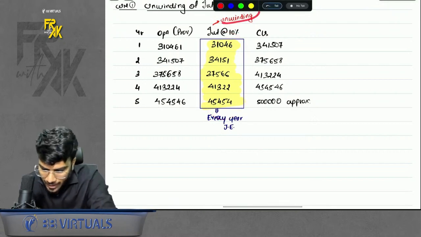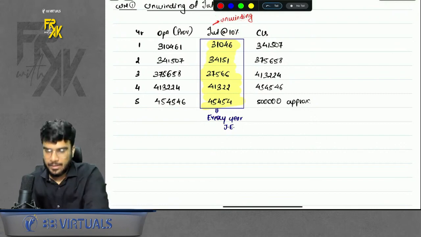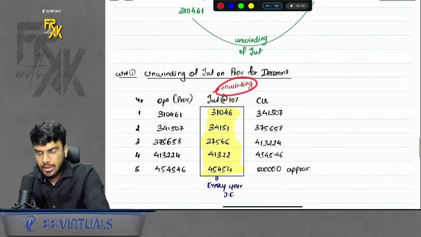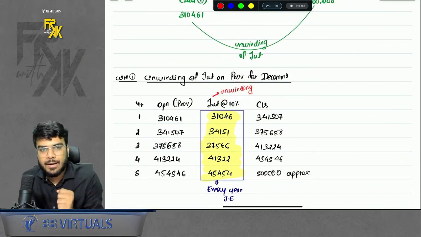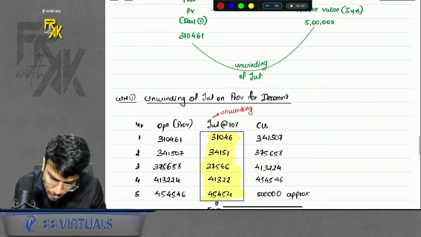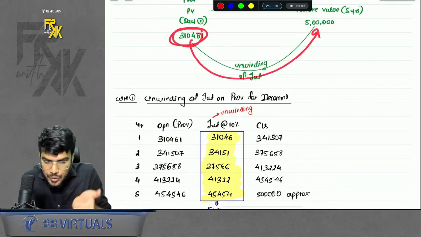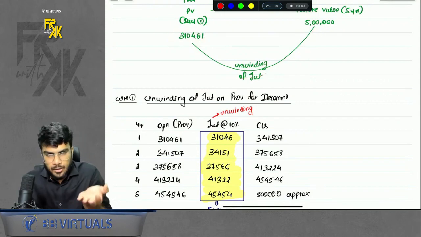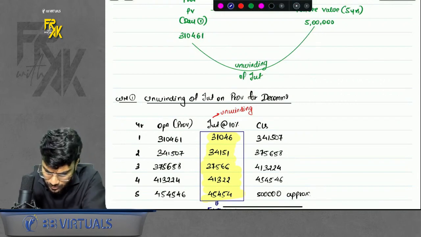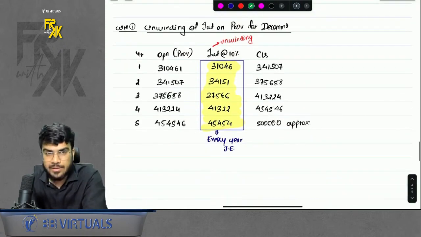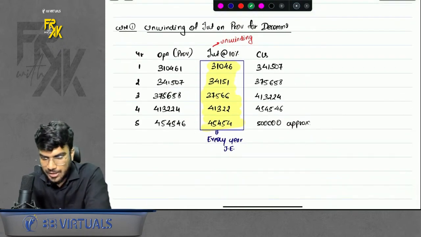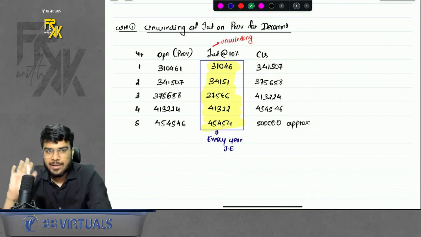See, by unwinding you have to tell me one thing. The logic of unwinding is to increase the liability or decrease the liability. So ideally we want to grow from 3,10,000 to 5 lakhs, so we want to increase the liability. Do you know the basics of accounting? I might sound childish, but you might know this.